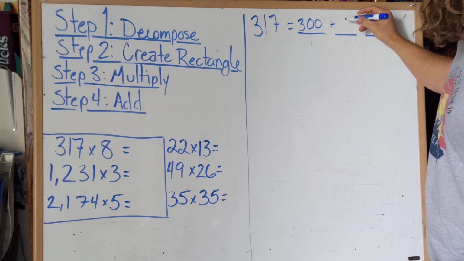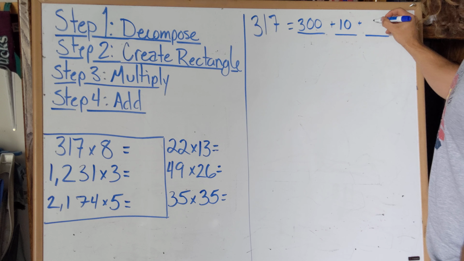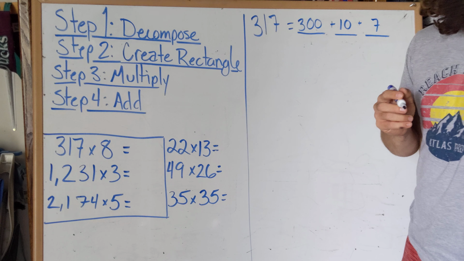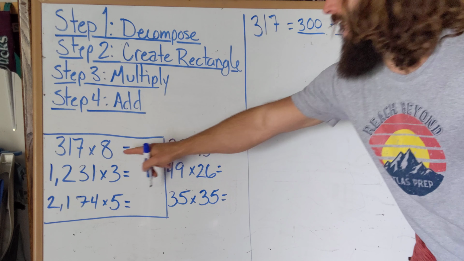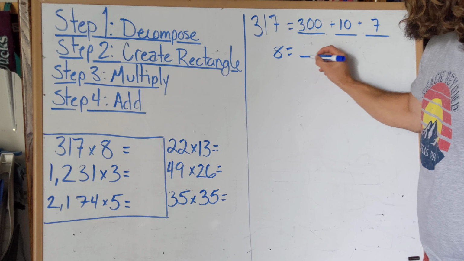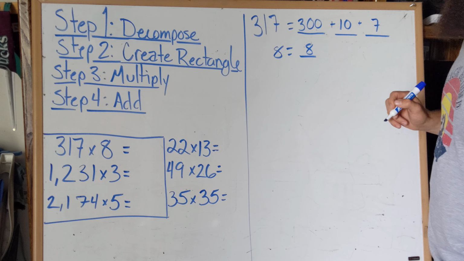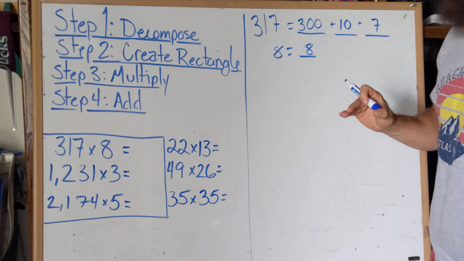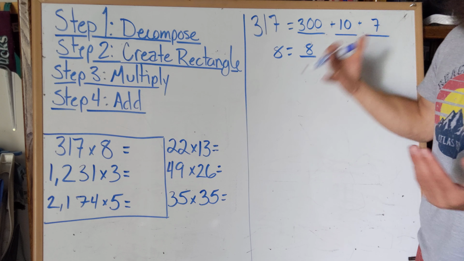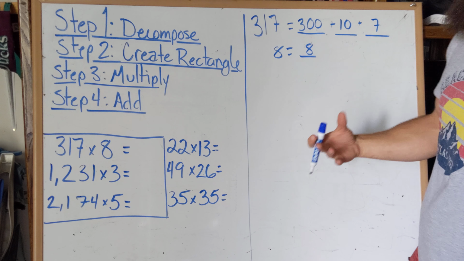It has 1 ten, and it has 7 ones. The number 8 has 8 ones in it. So that's how I decompose. I take my numbers and I divide them into thousands, hundreds, tens, and ones.